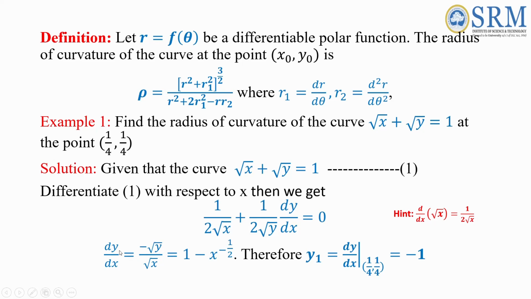After rearranging this, dy by dx becomes minus root y divided by root x. But root y is equal to 1 minus root x from equation 1. Therefore, we can rewrite it as 1 minus 1 by root x, that is 1 minus x to the power minus 1 by 2. Therefore, at the point 1 by 4, 1 by 4, y1 equal to dy by dx at the point 1 by 4, 1 by 4, that is minus 1.